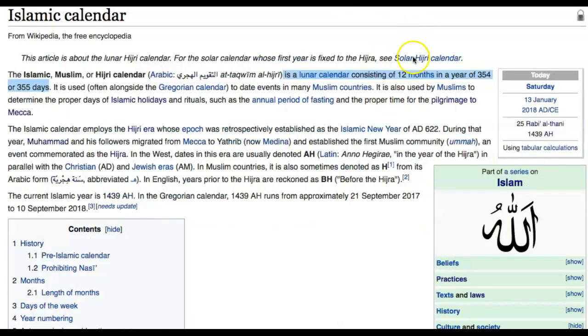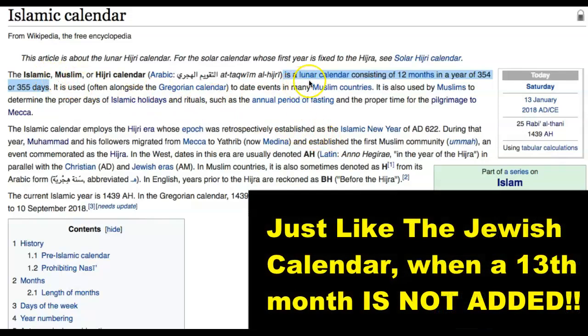Now, when you go to the Islamic calendar, you notice that both the Jewish calendar and the Islamic calendar are pretty much almost the same thing, because the Islamic calendar is a lunar calendar consisting of 12 months in a year of 354 or 355 days, just like the Jewish calendar. It's no different. It's the exact same thing.